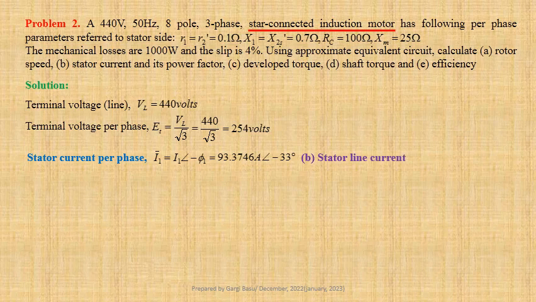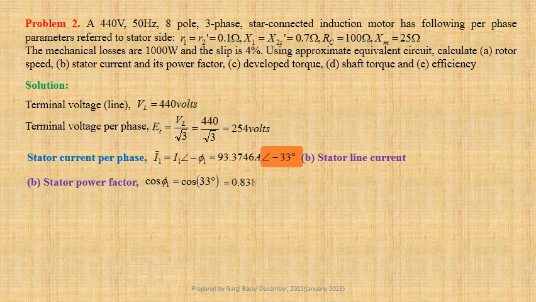Let us now determine stator power factor. Cos phi 1 equals cos of 33 degree, that is equal to 0.83867 lagging.